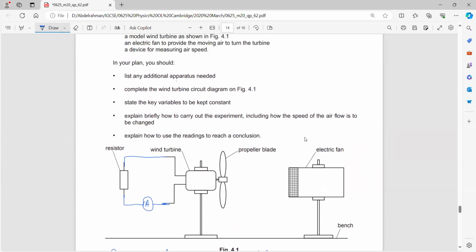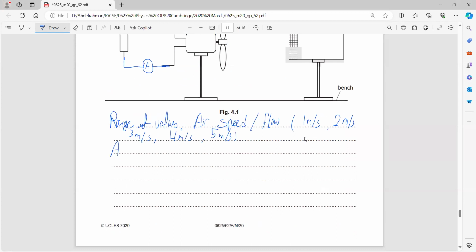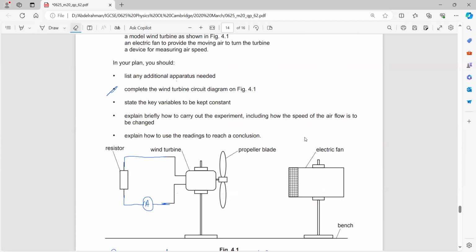Additional apparatuses: the additional apparatus is the ammeter, quite obviously. Okay, and that's it. Key variables.